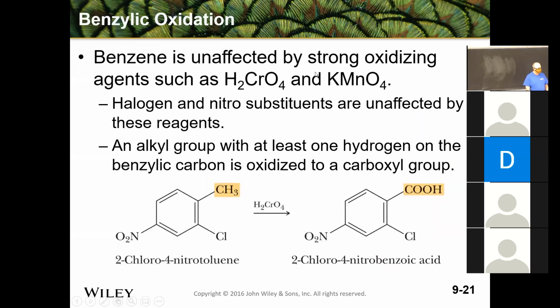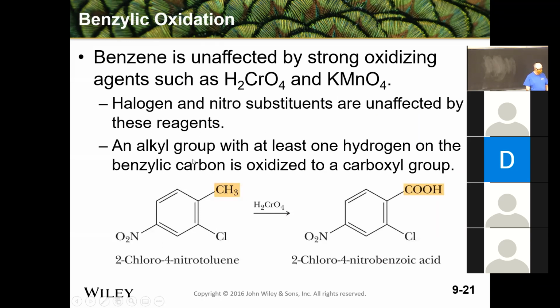Benzene is unaffected by strong oxidizing agents such as chromic acid and potassium permanganate. Halogen and nitro substituents, and nitro, remember, is NO2, are unaffected by these reagents as well.